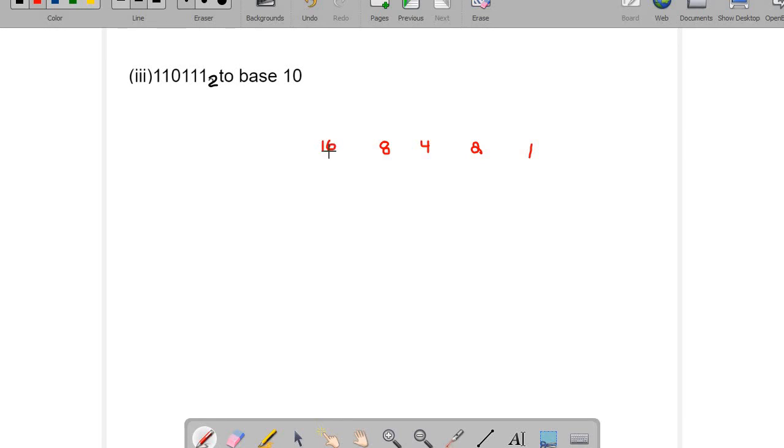Also, here's another way to do it. You can write the number first, but just keep in mind that you're going to be writing the number from left to right, and when you're writing your powers to match each digit in the number that you're given, you're going to write them from right to left.